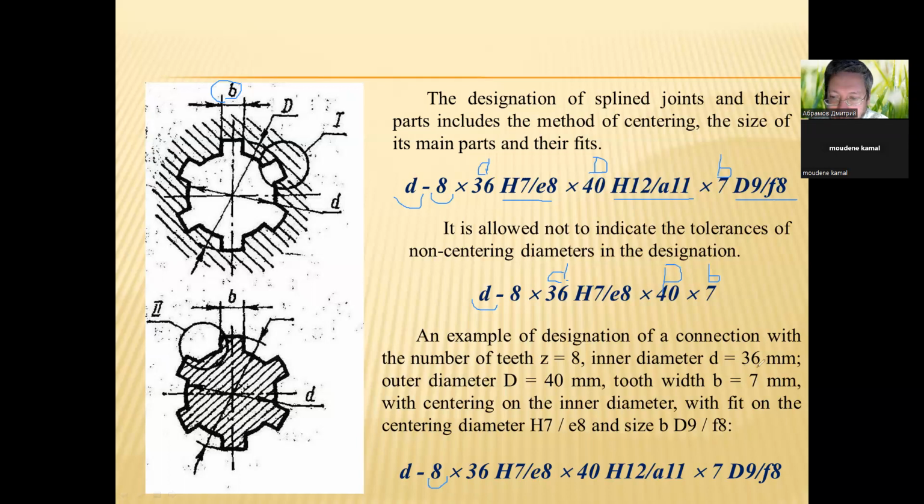An example of designation of a connection with the number of teeth equal to 8. Inner diameter, small d, 36 millimeters. Outer diameter, big D, is equal to 40 millimeters. Tooth width, B, is equal to 7 millimeters, with centering on the inner diameter, with fits on the centering diameter H7/e8 and size B D9/f8.